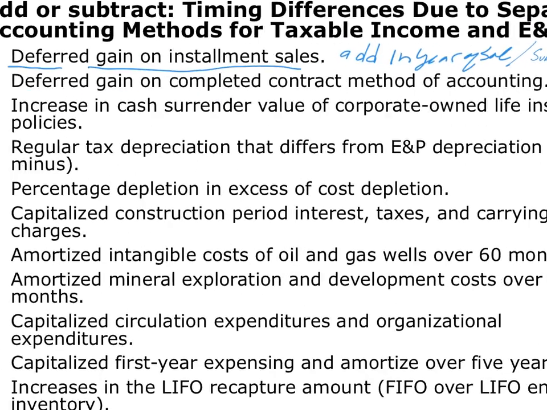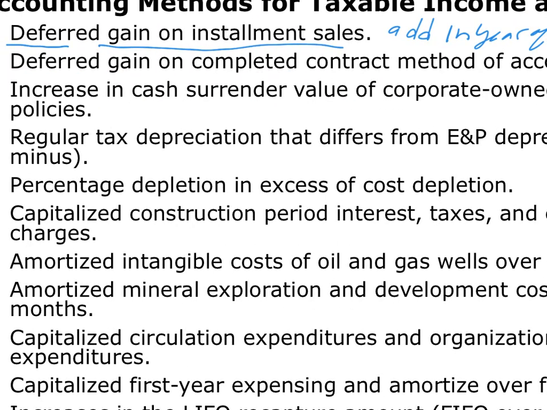All right, so let's just write it that way. So add back tax depreciation, okay, other than Section 179, okay? Now, it's also important to note that bonus depreciation is not allowed for E&P.